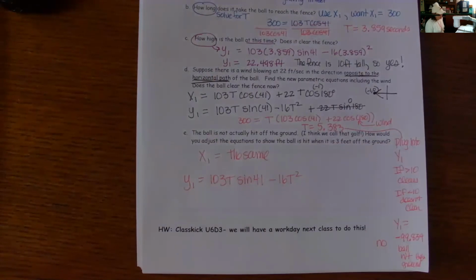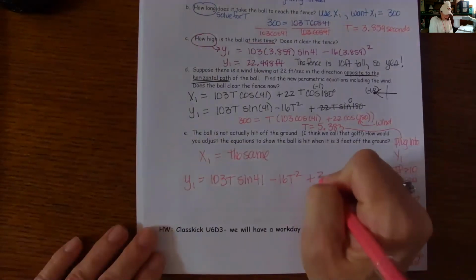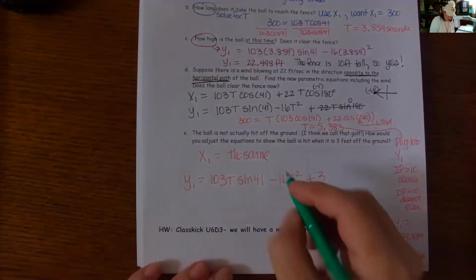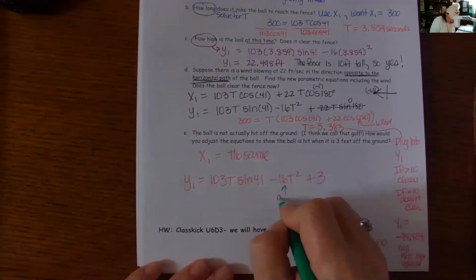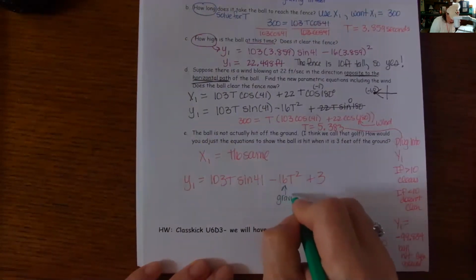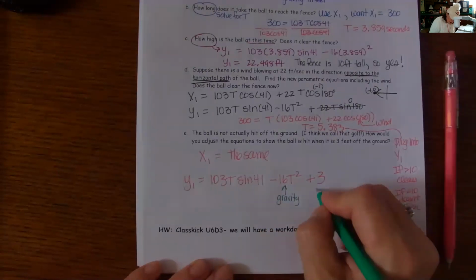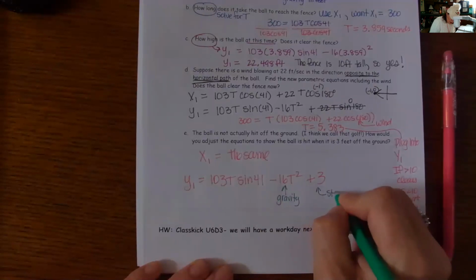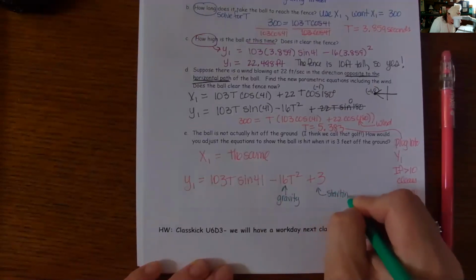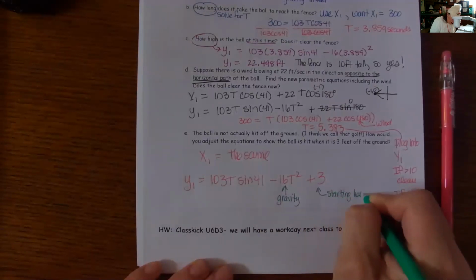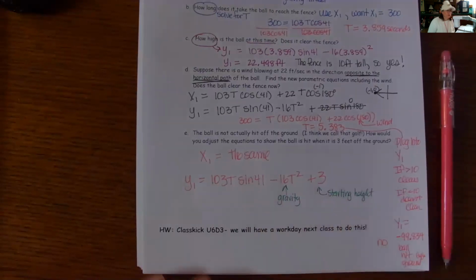How do you think I'm going to account for the 3 feet off the ground? Plus 3. All right? So this is gravity. This is starting height. Okay. Does that make sense?